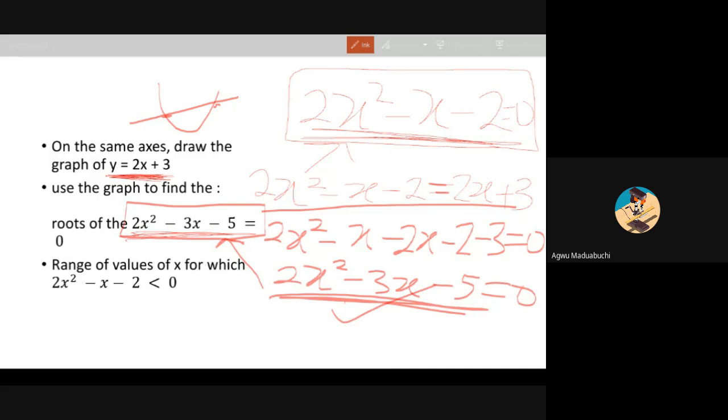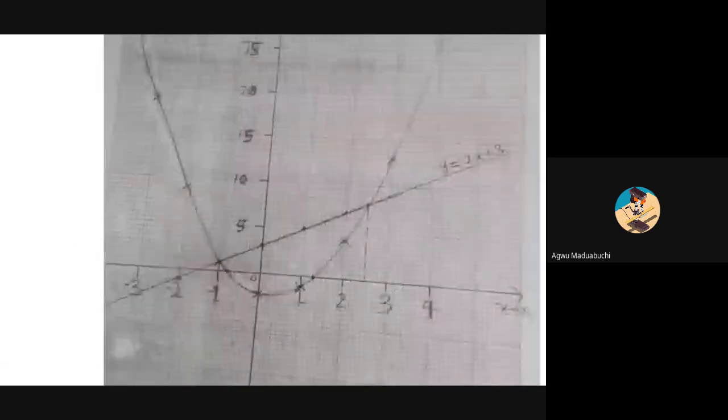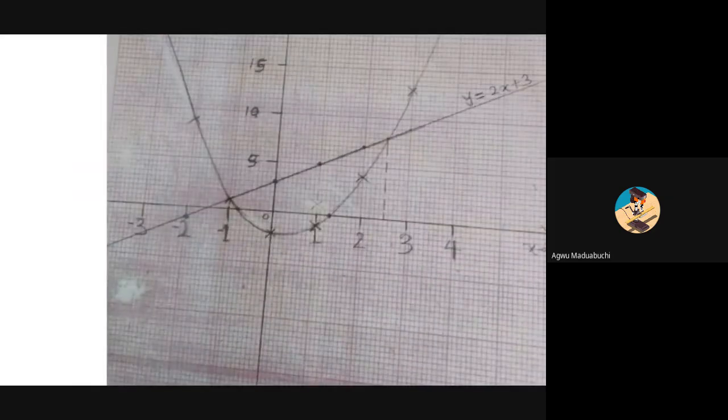Okay, so if we look at our graph, to get where they intersect each other, if you see I try to trace it out, the curve and the line intersect at 2 points. So the first one, if you look at this region, this is just exactly -1.